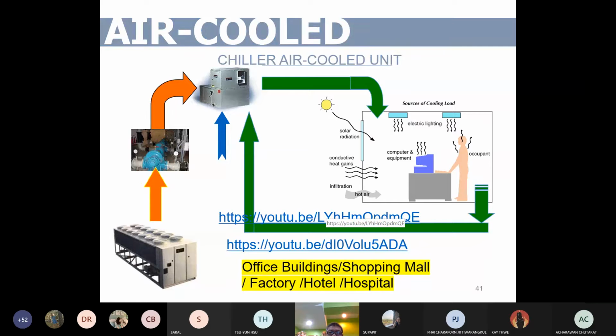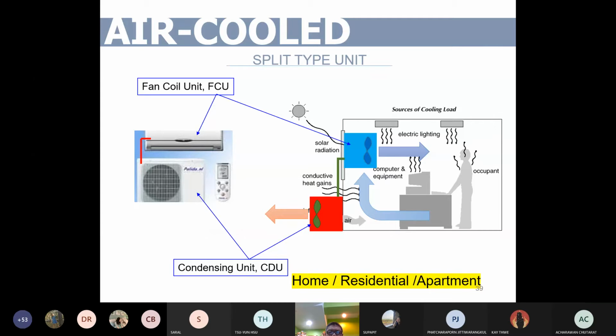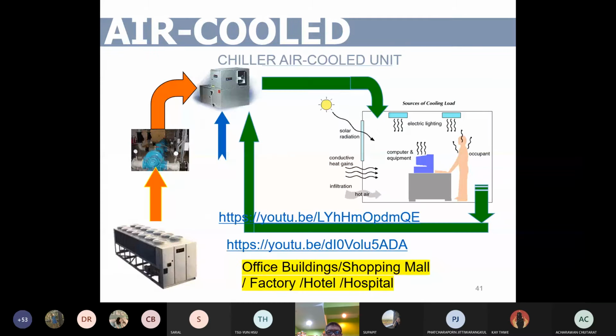The air cooled chillers are actually very efficient already. I mean, they can balance the load. Let's say if you use chillers compared to the split type, in a hotel with 100 rooms, you have to turn on the aircon in all 100 rooms to get the full hotel cold.